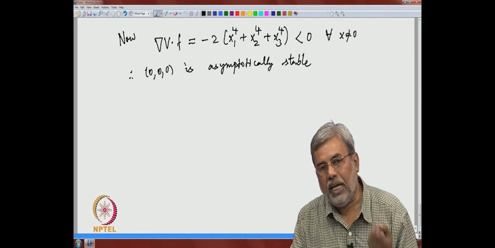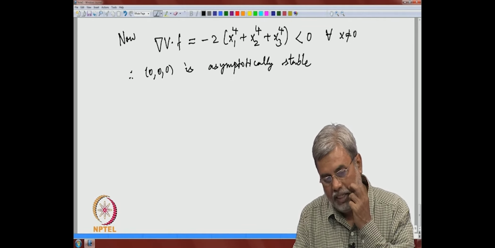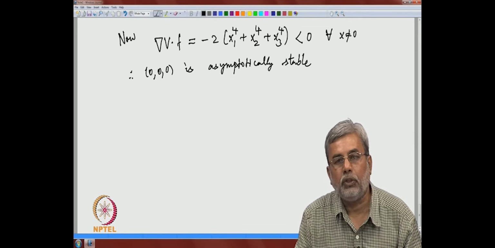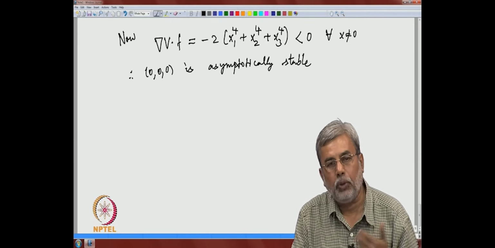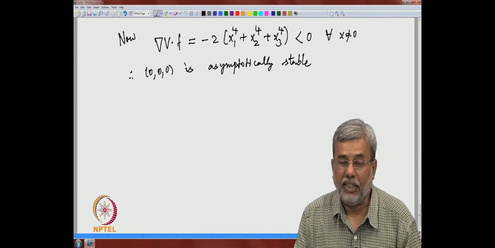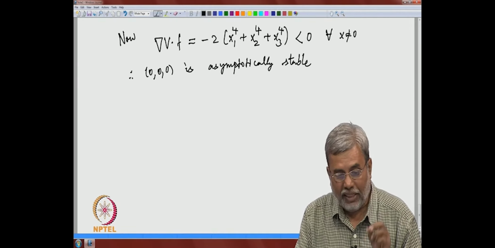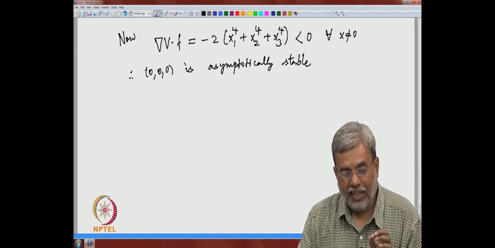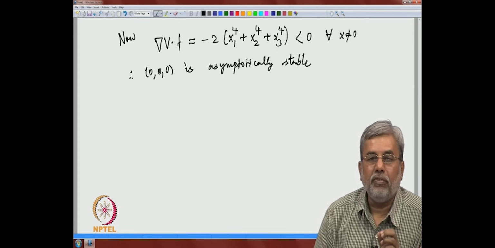So, again if you change the sign of that perturbation, instead of minus x1 cube, minus x2 cube, minus x3 cube, if you put plus, you see that (0, 0, 0) is unstable. Okay. So, a slight perturbation can change the nature of the equilibrium point.